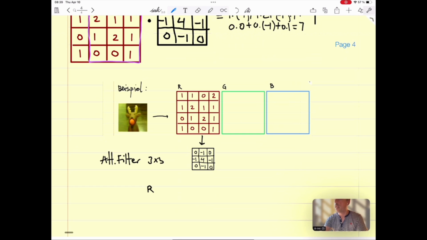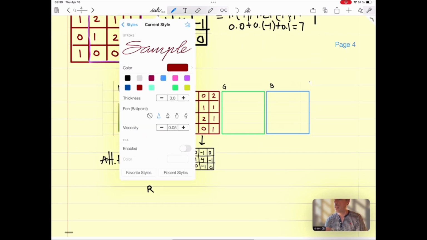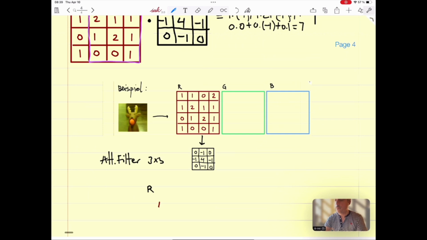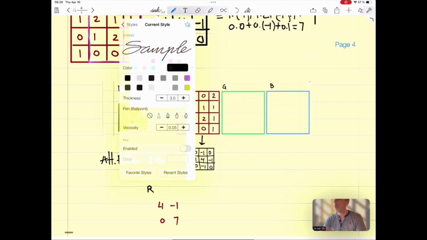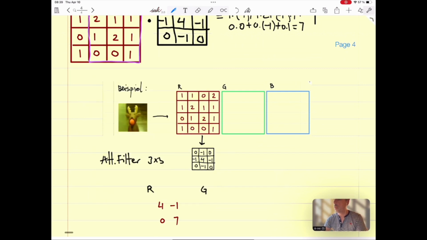a 4 minus 1 0 7 matrix. For the green channel, we get different values again, and so on.